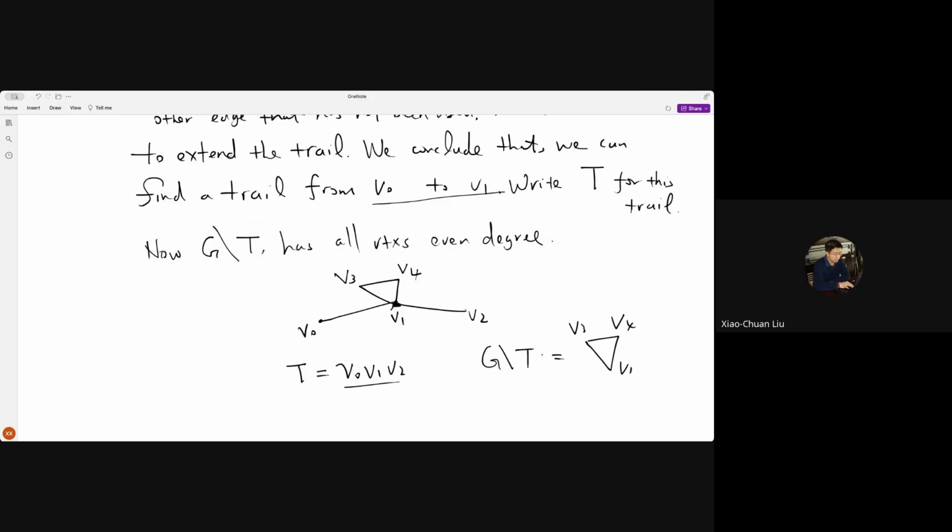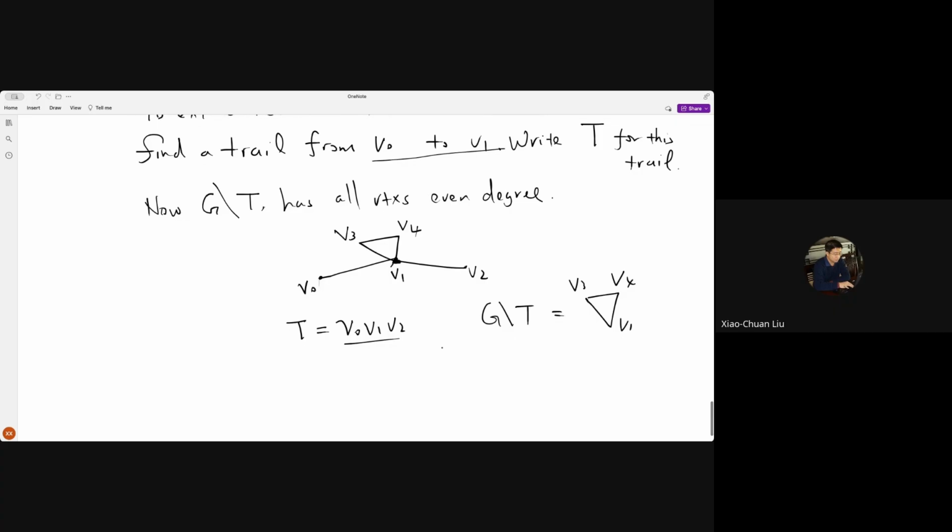It has this particular property that all vertices have even degree. Because in the beginning we have two odd degree vertices, but this trial uses V0 and V2, exactly the odd degree ones. So by deleting them, the remaining graph has all vertices even.